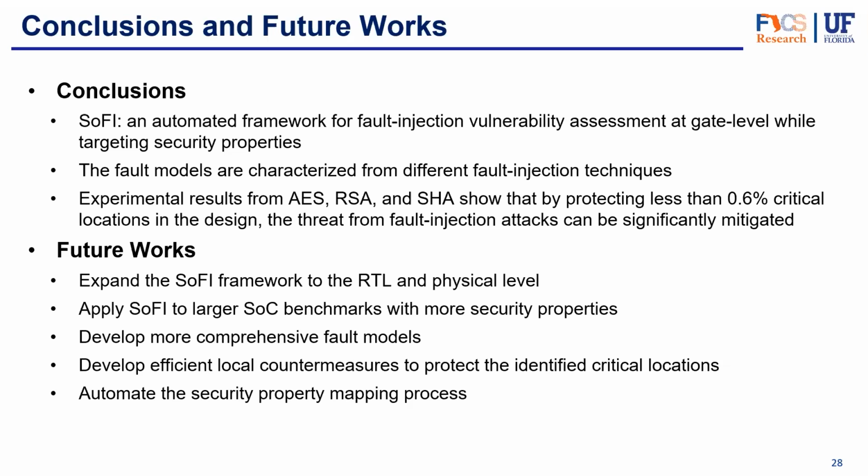Now, as part of our research, we're focused on developing countermeasures for any type of these faults. And we want to automatically extract all of those security properties, so as not to be dependent on input from the designer.